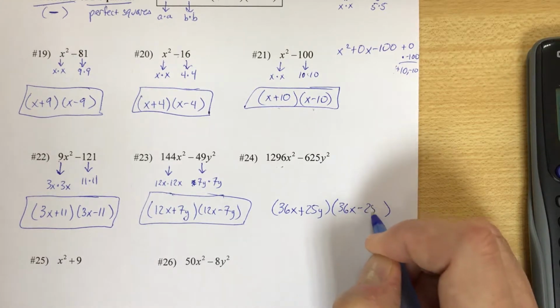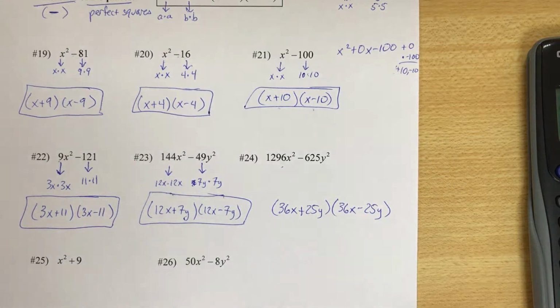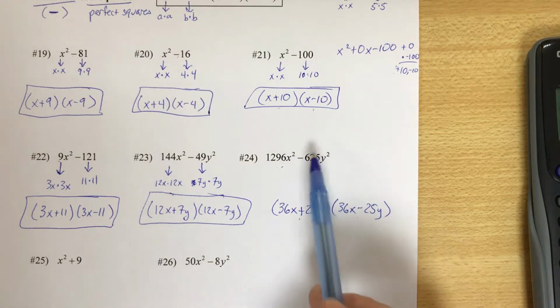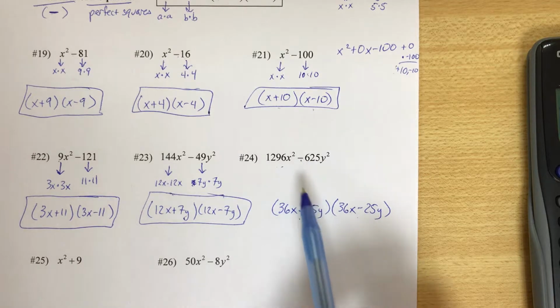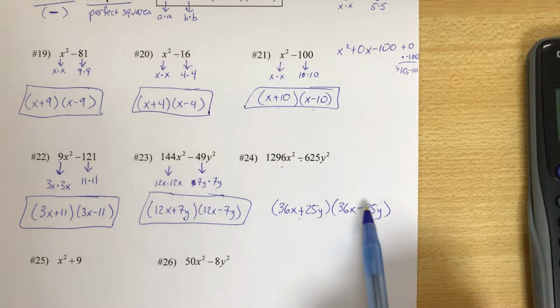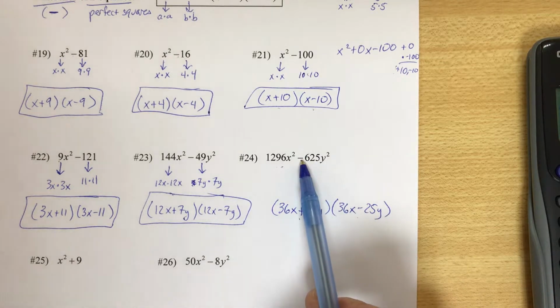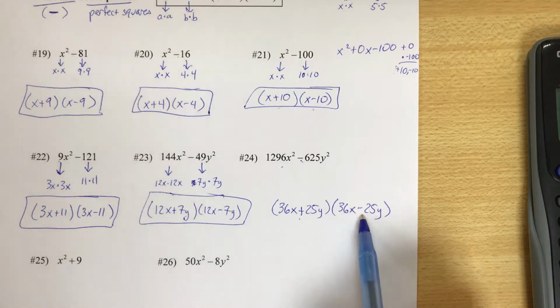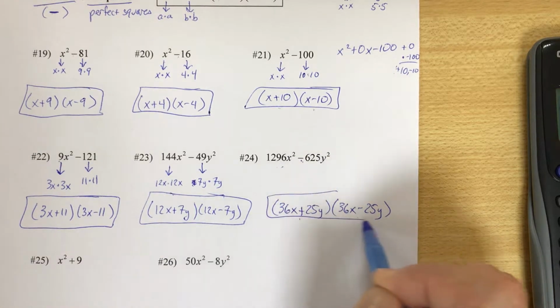So plus 25y minus 25y. It has to be plus and minus. It cannot be positive, positive, because that would multiply to a positive number. It cannot be negative, negative, because that would multiply to a positive number. So it's a difference of two squares. One factor has plus and one has minus every time.